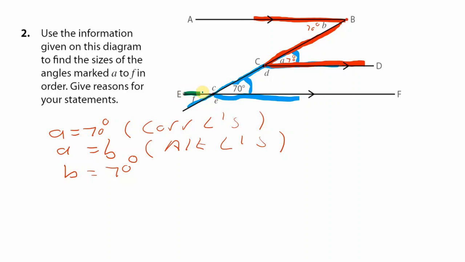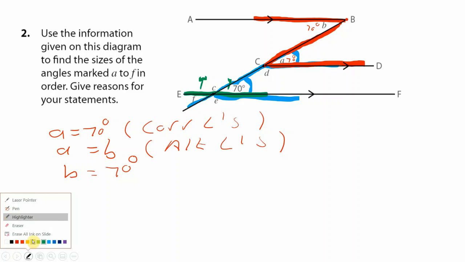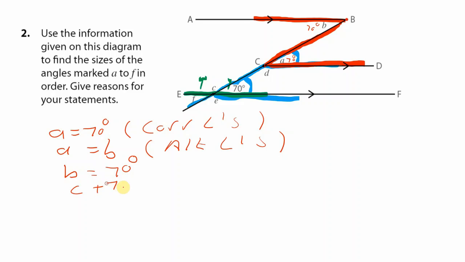So here's our straight line. C is an angle on top, 70 degrees, another angle on top of the straight line. So we can say C plus 70 degrees equals 180 degrees. Reason being angles on a straight line.